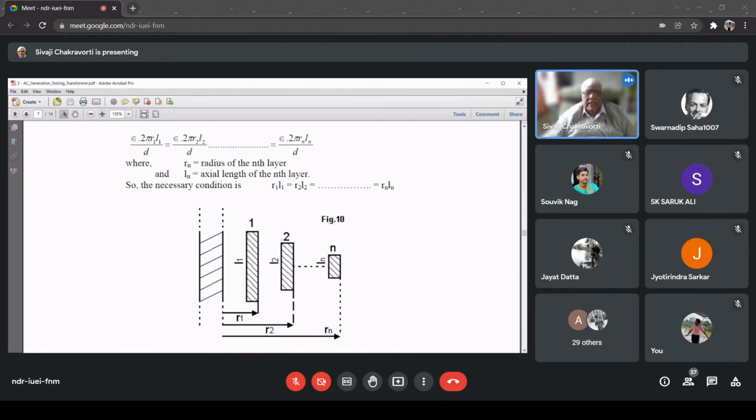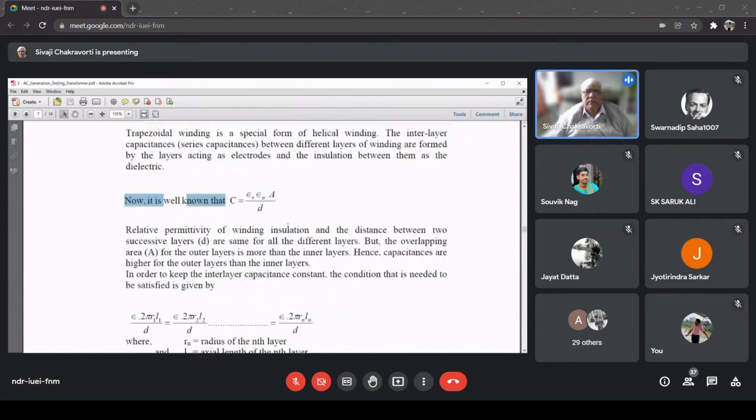As far as the capacitance is concerned, please remember that this is a cylindrical capacitance. The core is one electrode, the ground electrode, and the winding conductor is the high voltage electrode, and in between you have the insulation, that is the dielectric, and it is a cylindrical capacitor. So it will not be straight away a formula like this, but definitely this D will come at the denominator.